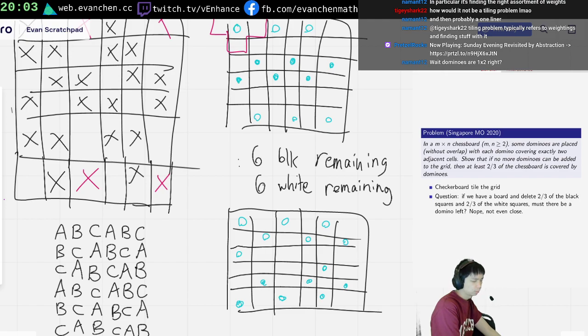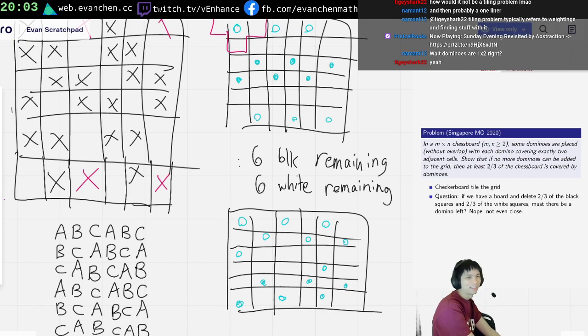So if I tiled the board with L dominoes somehow, then it's not great. Even if 3 divides both M and N, what are you gonna do with that, right?